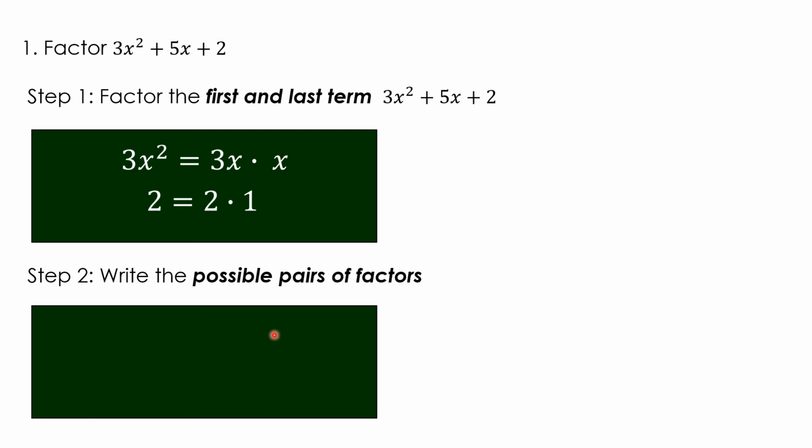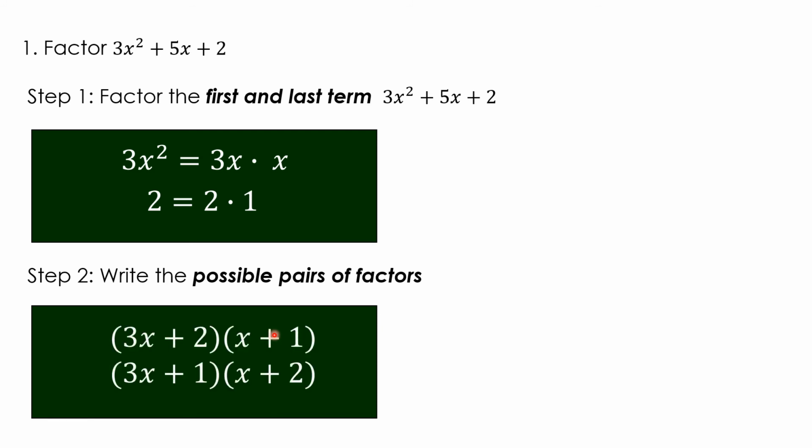So you try to regroup this, or you try to pair other factors to other combinations. So we have here the quantity of 3x, that is from 3x squared, plus 2, which is the first factor, and then times the quantity of x plus 1.